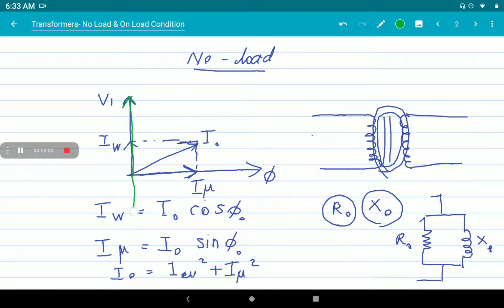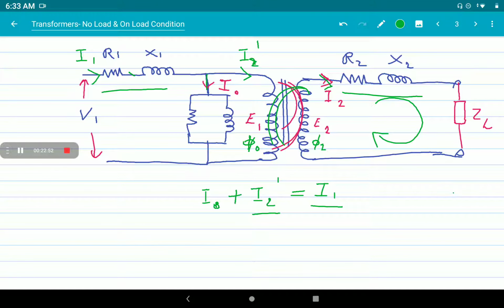The induced EMF E1 in the primary winding will be equal and opposite in this direction, and also E2 produced will be also we assume in this direction, E2. Okay, according to number of turns the magnitude will be different, E1 and E2.